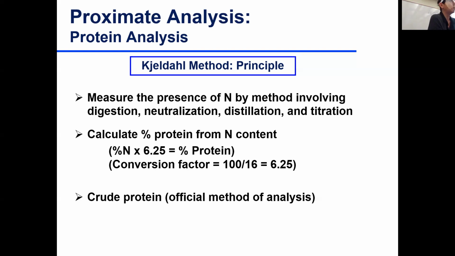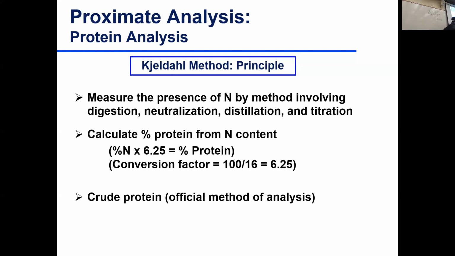Some vitamins have nitrogen in them. Nucleic acids have nitrogen in them. Ammonia, so ammonium salts, if you have any in your sample. Basically, it's a crude method because it's based on nitrogen content or amine groups that are not coming from the protein itself.